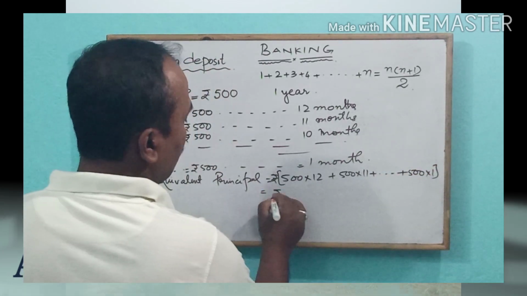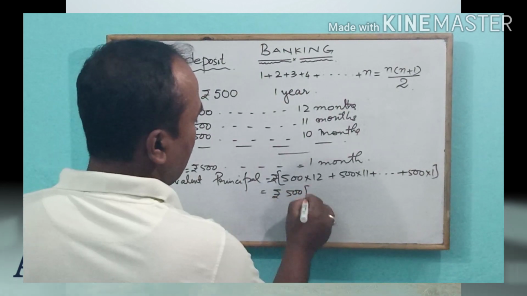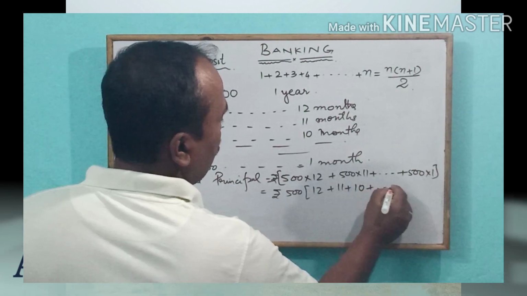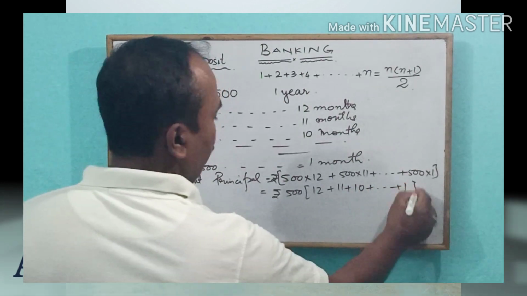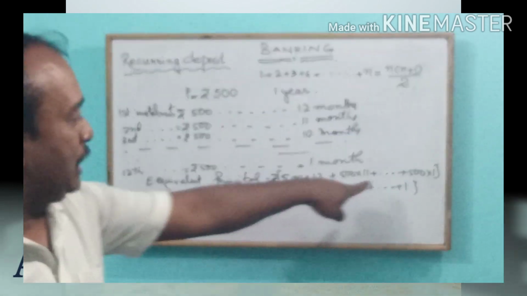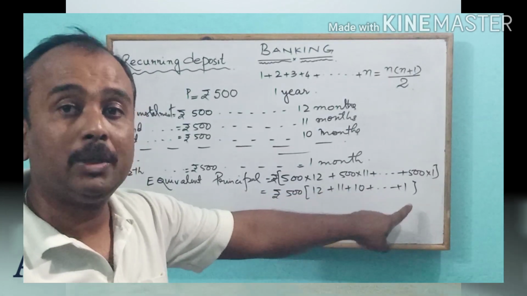So if I take 500 common, then 12 plus 11 plus 10 up to 1. If I see from that side, it is the sum of first 12 natural numbers.